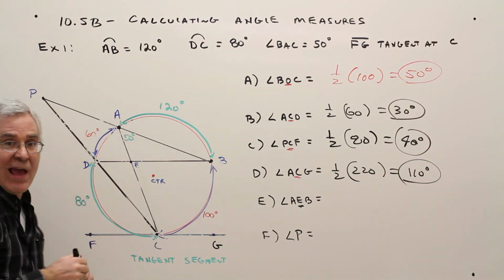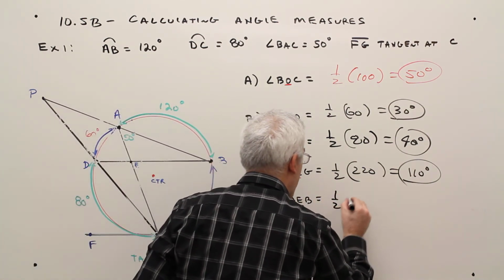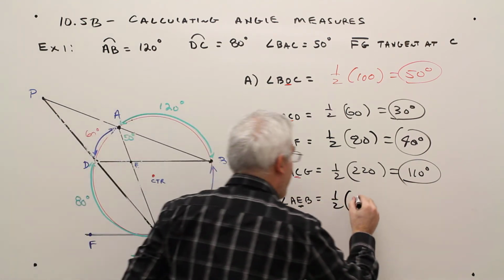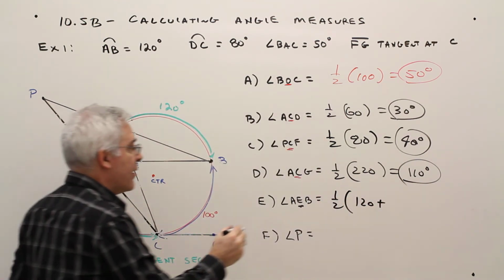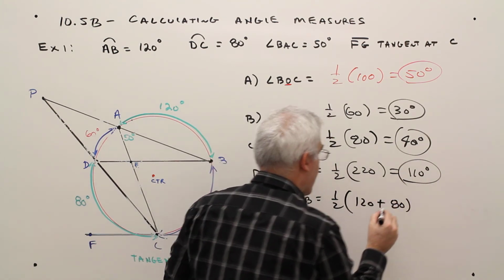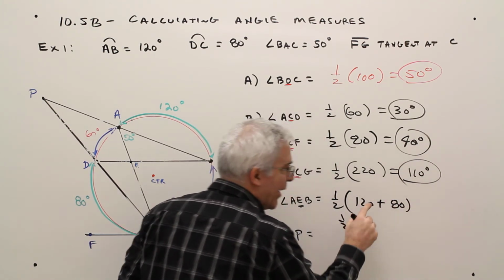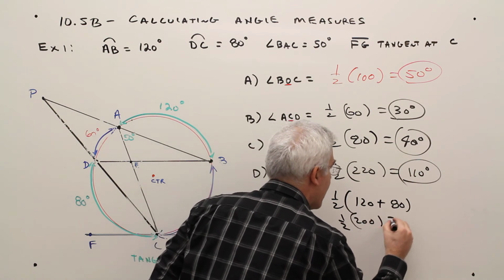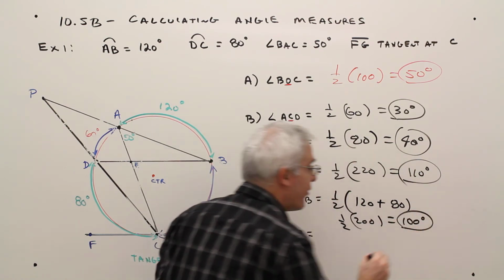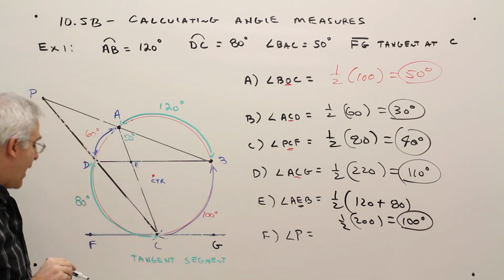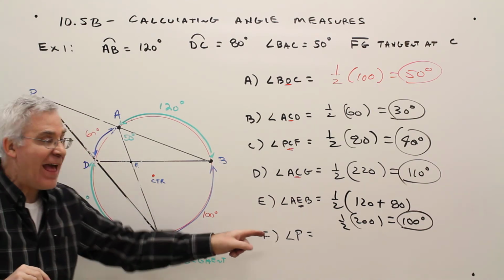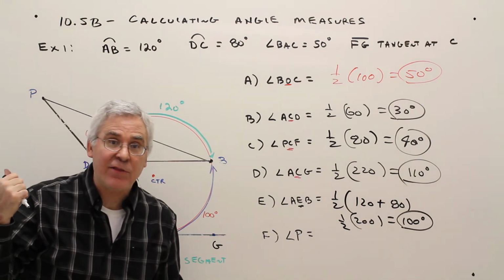Okay, so it's half the sum. So 1/2 of that 120 plus the flip side, 80. So that's going to be 1/2 of 200, so that'll be 100 degrees. Again, show your work.